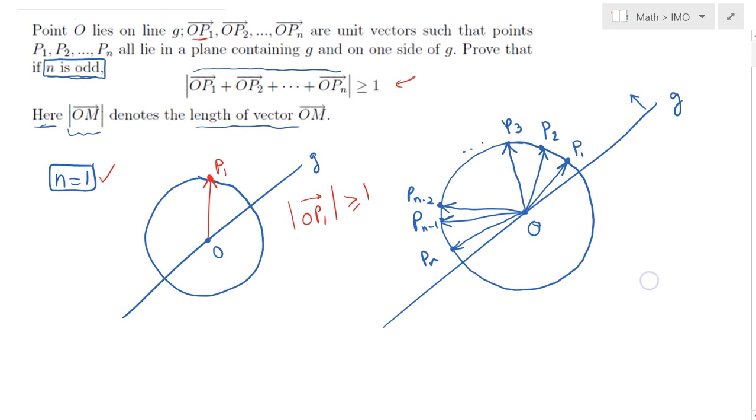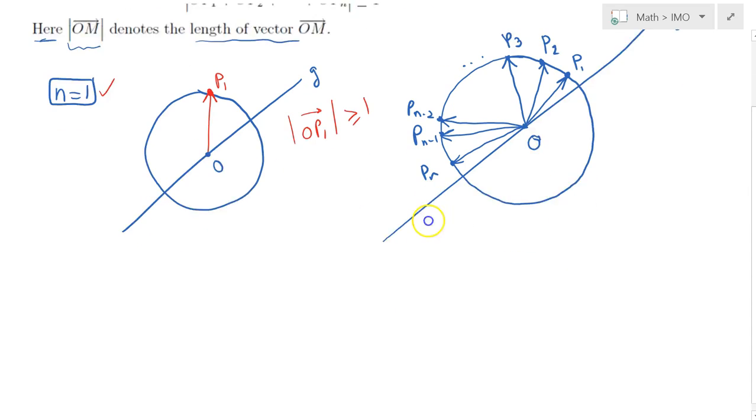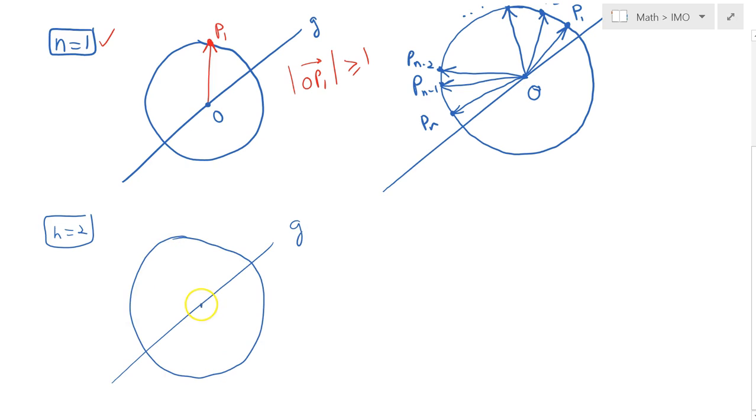So what would go wrong when n is even, right? So let's try to find a counterexample for the case n equals 2. So if n is equal to 2, again we have our line, the unit circle, the center of that circle O, and then for the sake of contradiction, how can I have two vectors whose sum somehow lies inside the circle, right?